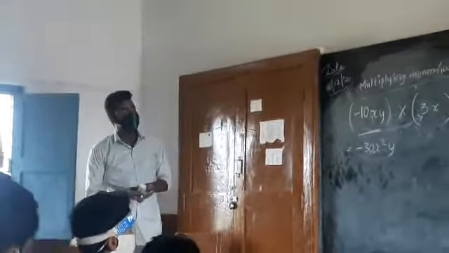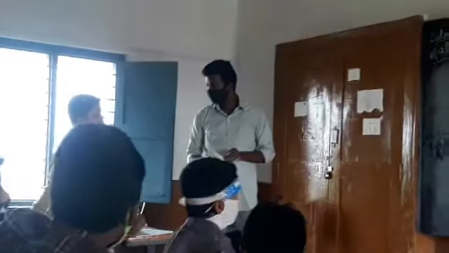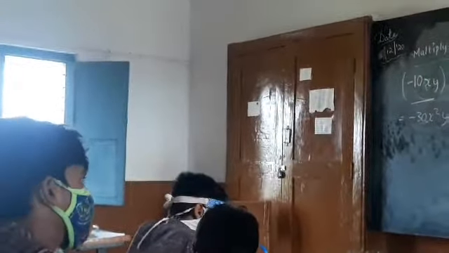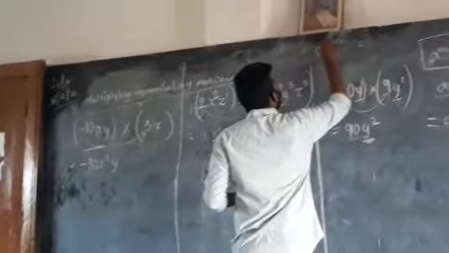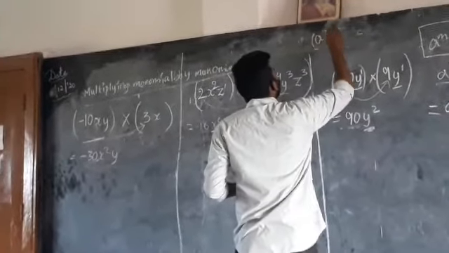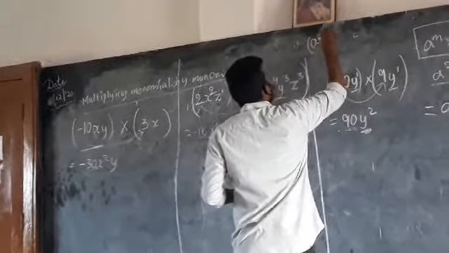Why do we have to write m plus n? We can write mn also. Mn is a different case. Yes, very good doubt. There is another formula for mn: a power m whole power n.